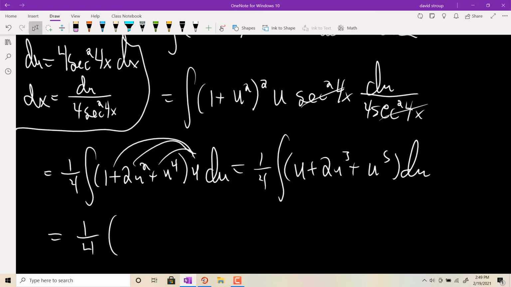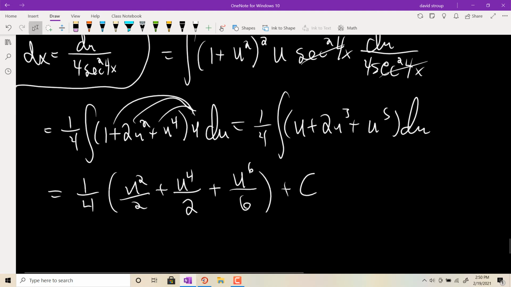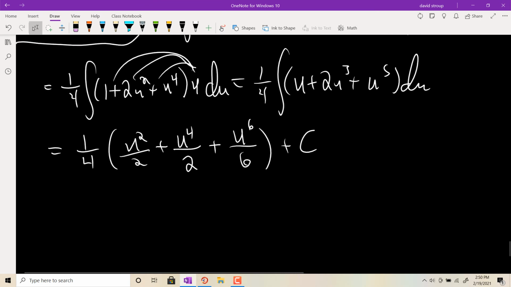So we'll end up with 1/4 times u squared over 2 plus 2u to the 4th over 4, which would be u to the 4th over 2 again, plus u to the 6th over 6, plus c. And then you're back subbing, and you get this weird polynomial in terms of tangents, right?